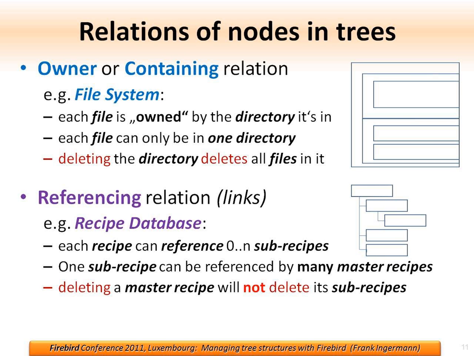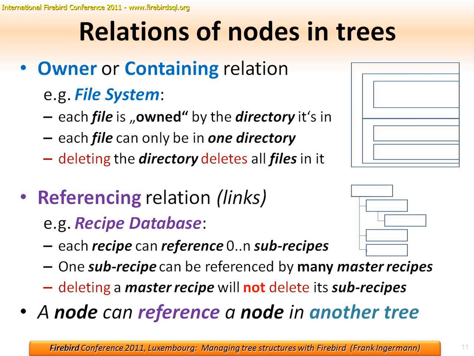And one sub-recipe can be part of a lot of bigger recipes at the same time, which obviously means that if you delete a master recipe, you don't want to delete all the child recipes because they can be used in other trees. So it's what you would call referencing trees. One node can reference another tree or a subnode in another tree.